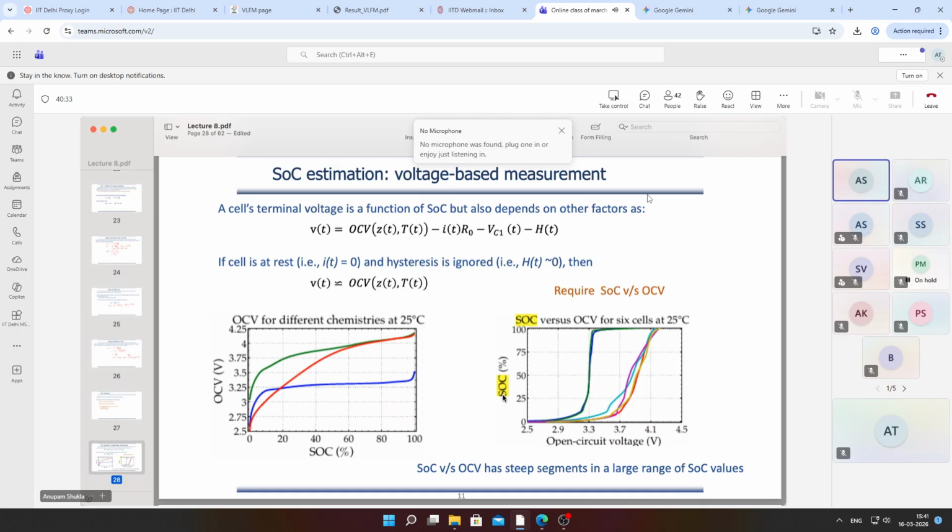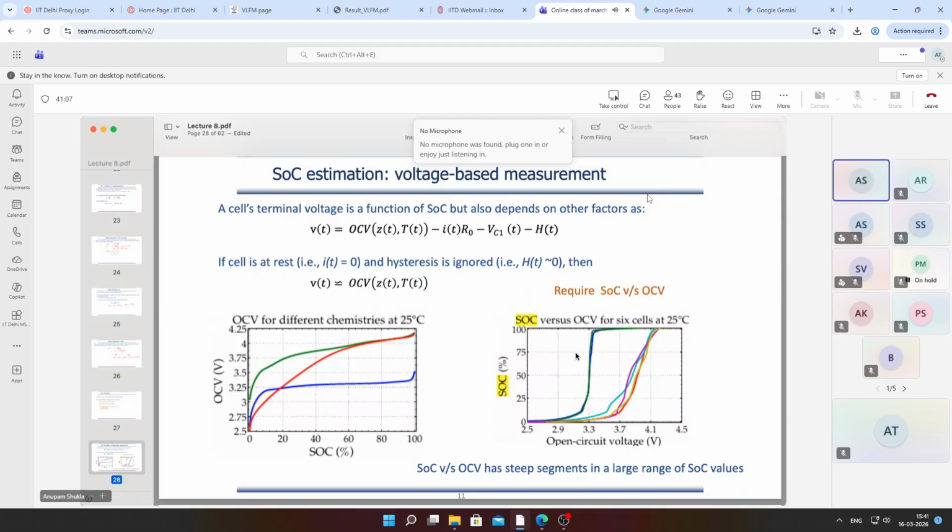So I have to invert the graph. The right hand side shows the inverted graph, which means that now open circuit voltage is on the x-axis and SOC is on the y-axis, the dependent variable. Immediately what you see is that there are variations at some regions of voltage versus OCV, but there are pretty large regions in SOC space wherein there is very small change in the voltage for a significant change in SOC.